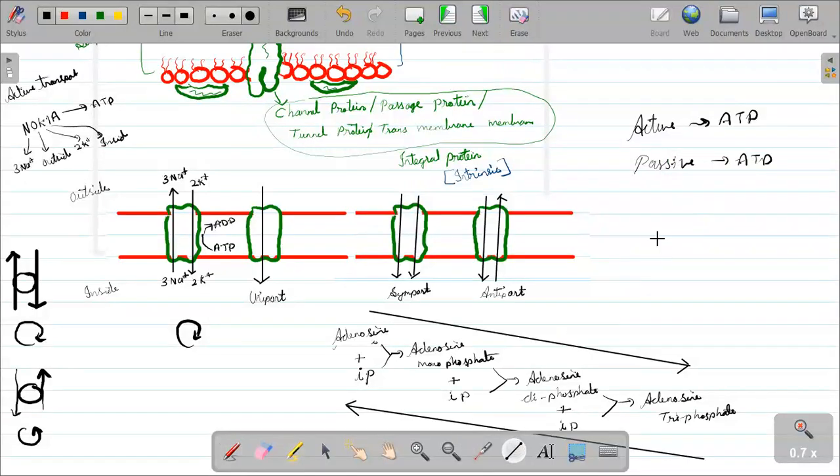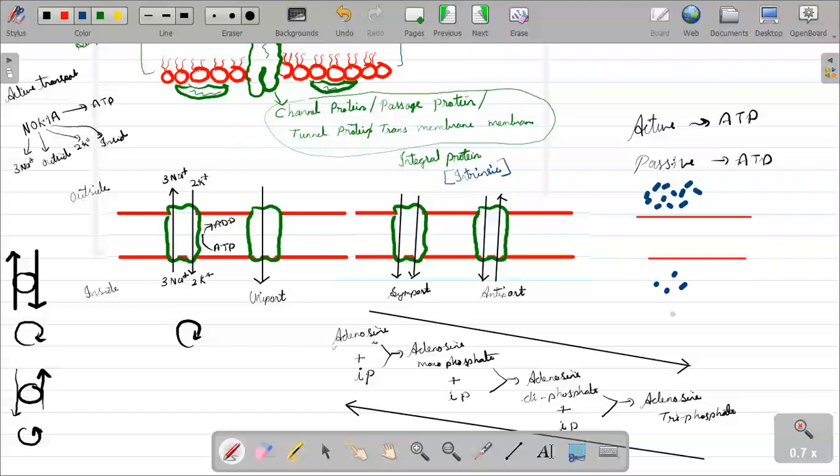A simple diagram to understand this. Red color for membrane, right? We'll use the same line forever. Let me take some molecules here, blue color.